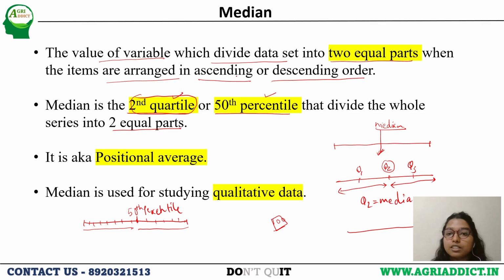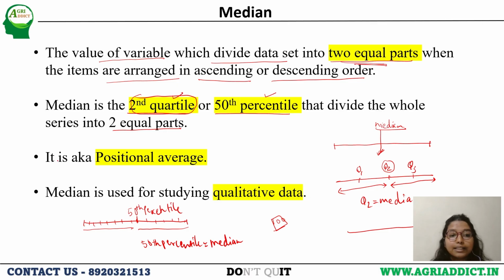And in the previous definition of median, we said any value which divides the data into two equal parts will be considered as median. So 50th percentile is also equal to median. I hope you got the point.